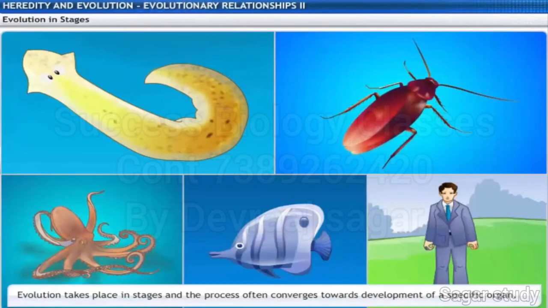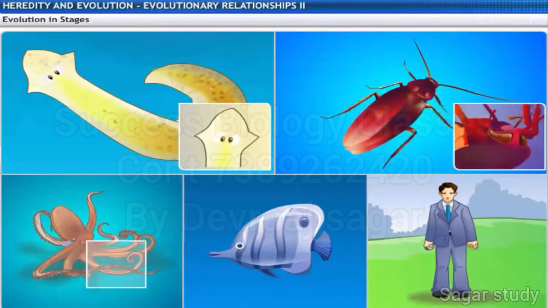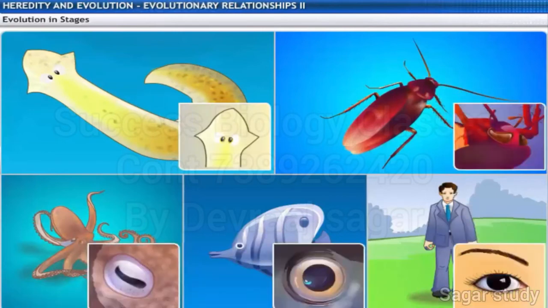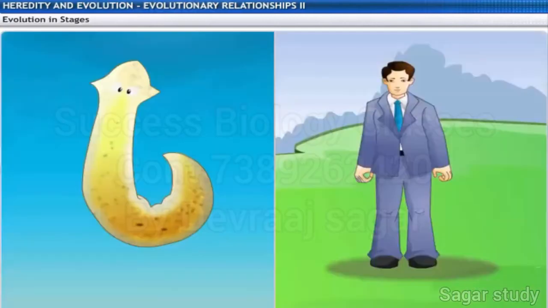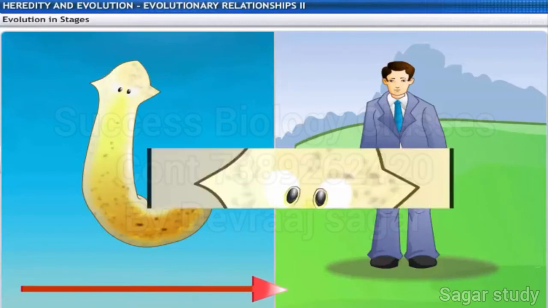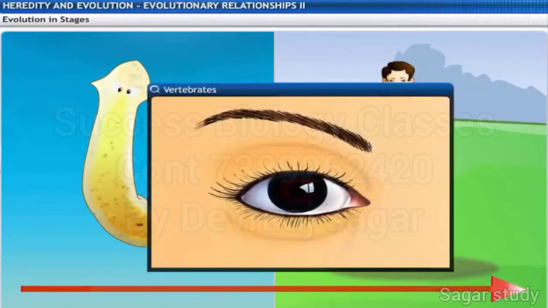Evolution doesn't happen in a single day. It is a process which takes place in stages. For example, complicated organs such as the eye are not generated by a single DNA change. The eye was formed over generations, starting from the intermediate rudimentary eye in planaria to the well-complexed eye in vertebrates.